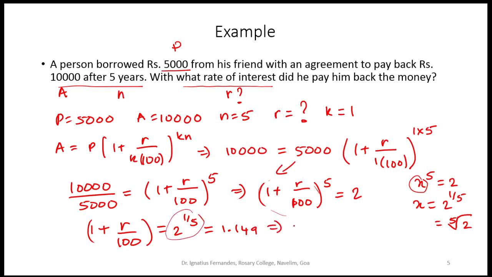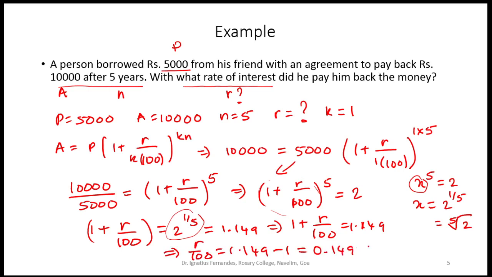So basically what we have is 1 plus R upon 100 is equal to 1.149. So you can take this 1 to the right. So this will give you R upon 100 is equal to 1.149 minus 1, which is equal to 0.149.